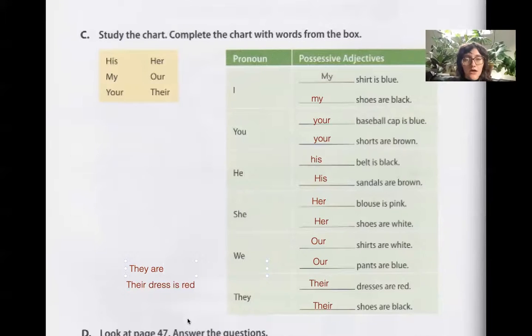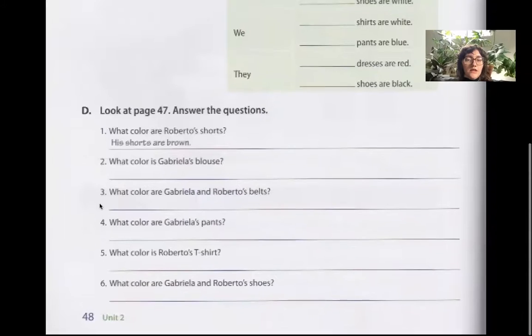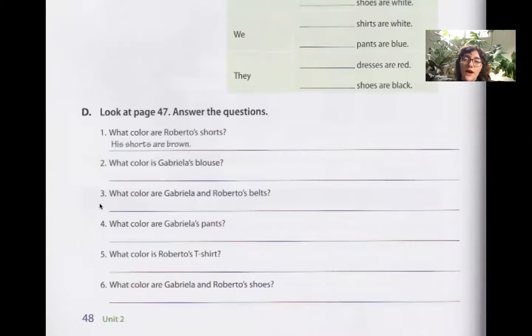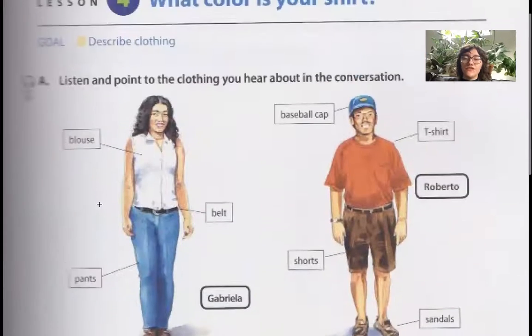By going down and looking at this. So this part here, you would kind of stop and look at the first page I showed you, right? What color are Roberto's shorts? Try and use words that we've learned, right? His, her.